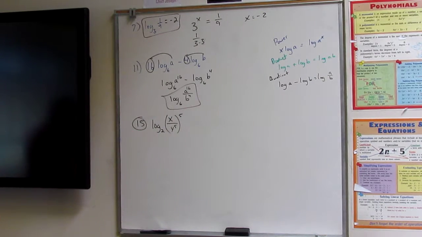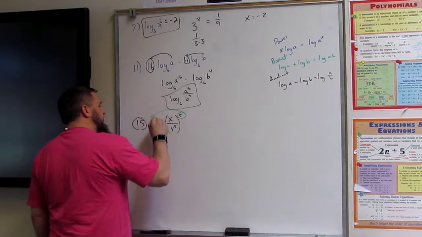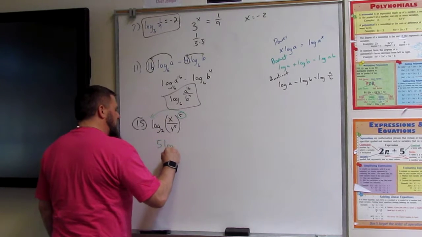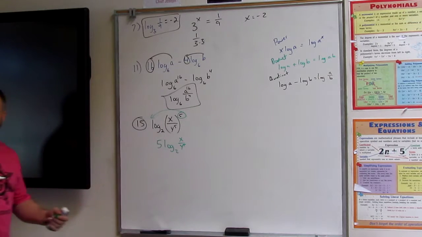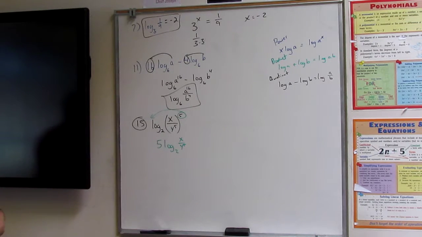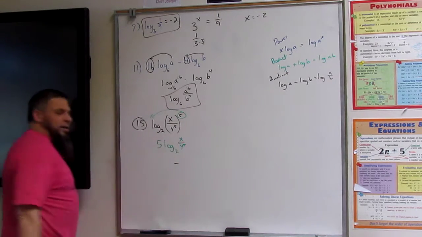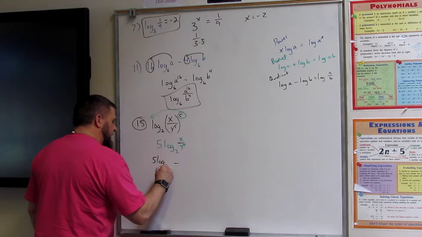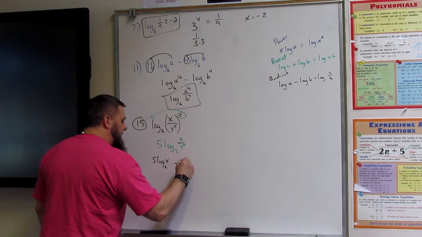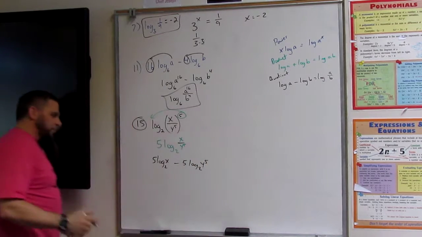And all I'm going to do is expand it. So first I'm going to take this and put it out front. 5 log base 2 of x over y to the 5th. Then I'm going to take the division bar and make a minus sign. 5 log base 2 of x minus 5 log base 2 of y to the 5th.